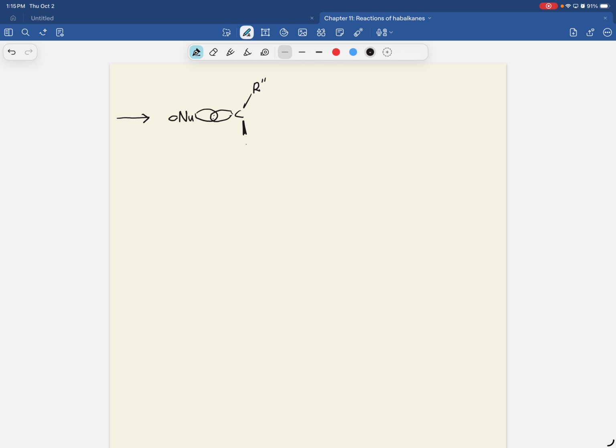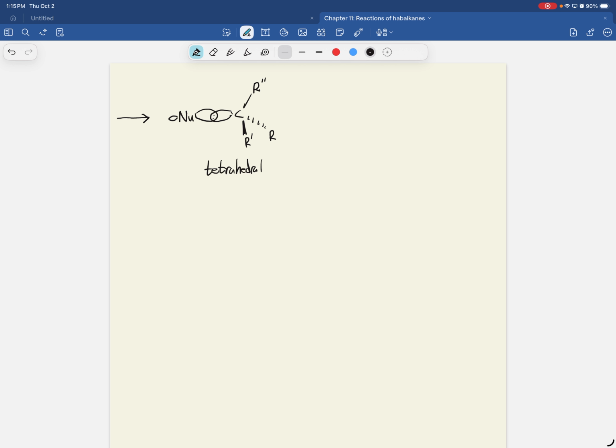So don't worry, you don't have to reproduce this picture, but this is just to help you understand where this is coming from, okay? So now see here, this is tetrahedral. So we've gone back to the tetrahedral center, all right?